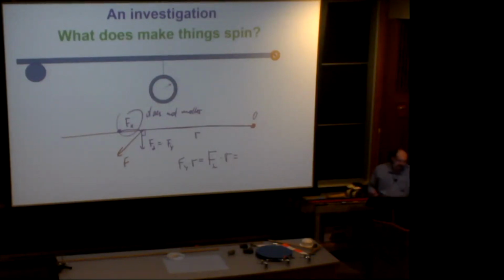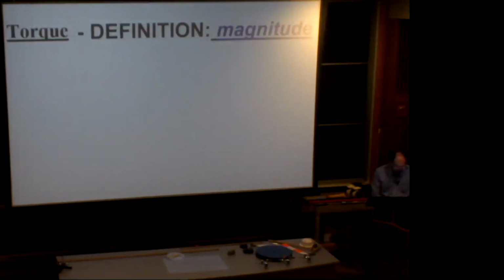And because it matters, people gave it a name, torque, and a letter, usually the Greek letter tau. And this is the official definition of the magnitude of a torque. What do we need to calculate the magnitude? One point, the axis of rotation.